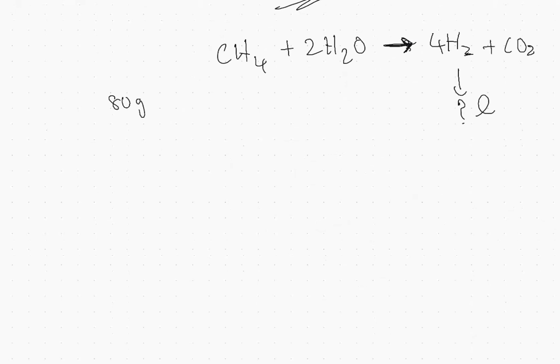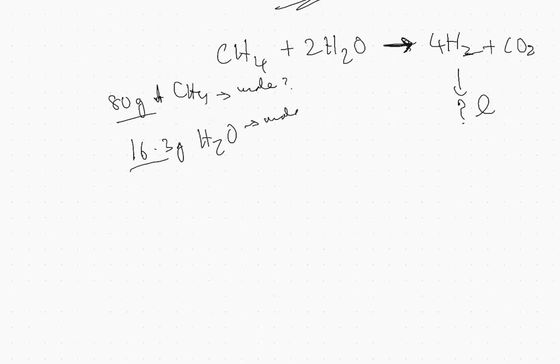Now again, we have to find the limiting reagent like the previous one, and then use that to find the ratio. Okay, so let us find the moles of each one. Now I divide 80 grams by the molar mass of CH4. They haven't given it, so for the molar mass of CH4, carbon is 12, which you should know by now, hydrogen is 1, but there are 4 of them.